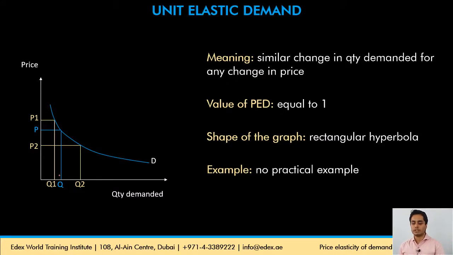Meaning, a similar change in quantity demanded for any change in price. And the value of PED has to be 1 because the numerator, which is the percentage change in quantity demanded, is equal to the percentage change in price, the denominator. The shape of the graph is a rectangular hyperbola. Please keep this in mind. As I told you, it is very difficult to find products in real life that demonstrate a PED value exactly equal to 1.